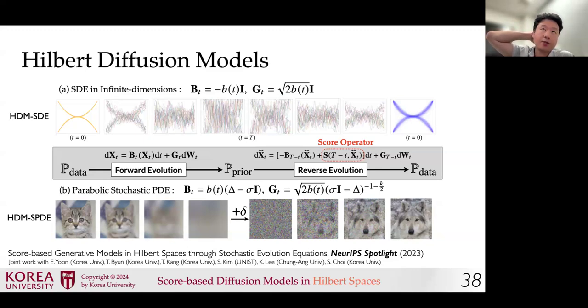In this case, we use the Laplacian operator to implement the blurring operator. By using those blurring operators and the noising process, the equation can be represented by the stochastic PDE.